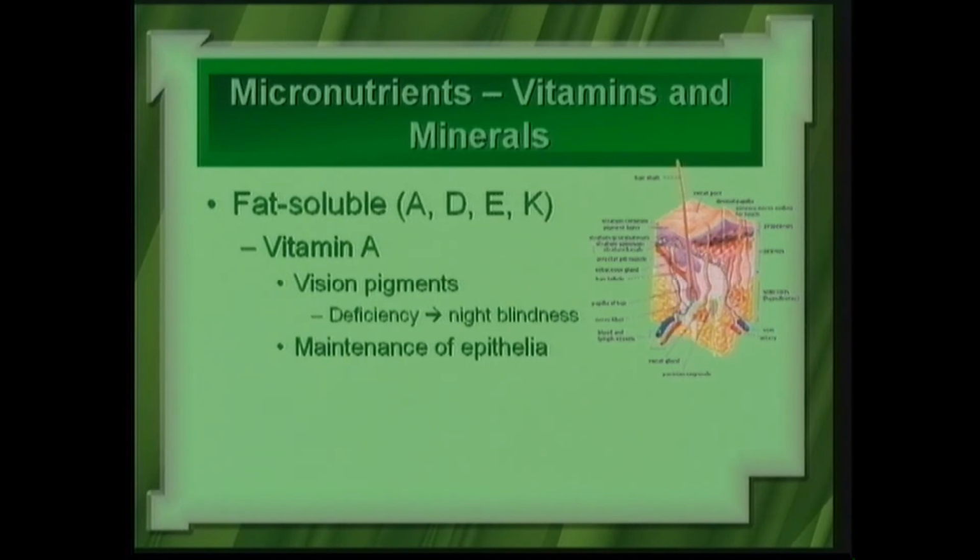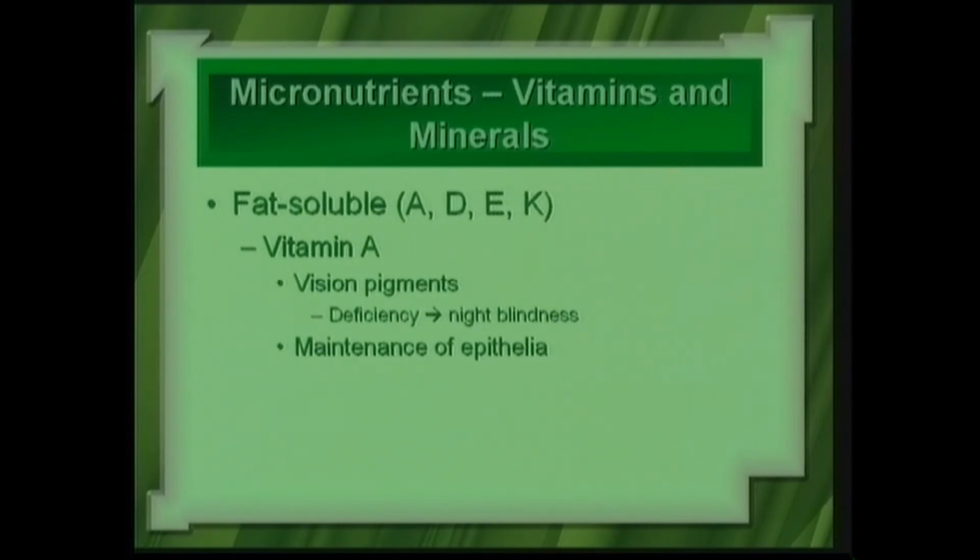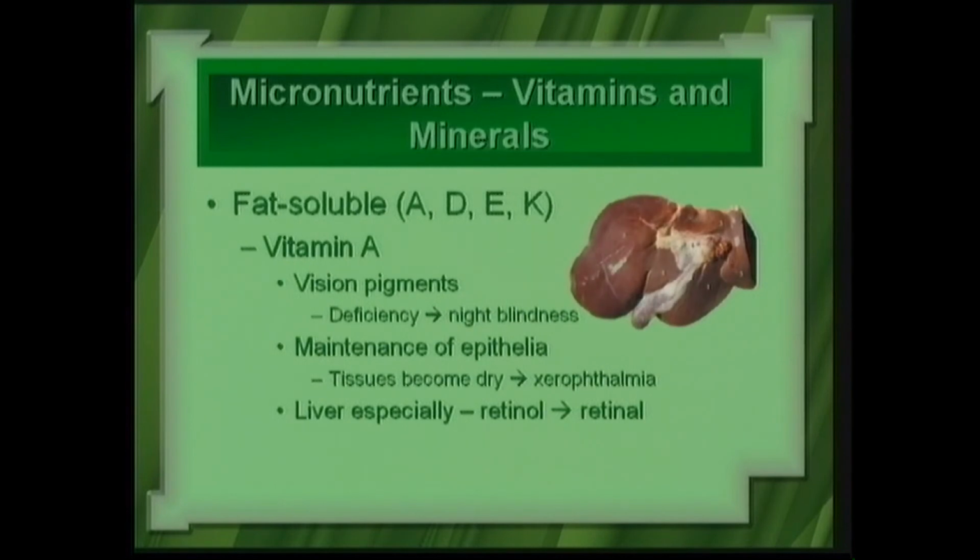It's very important in maintenance because it helps you produce mucus and other substances which lubricate these parts. If you don't have enough vitamin A in your diet, your tissues can become dry. You can even have something called xerophthalmia. Xeros means dry, and ophthalmia refers to eyes. So you can get dry eyes, and not just that, you can go blind if you have this condition.